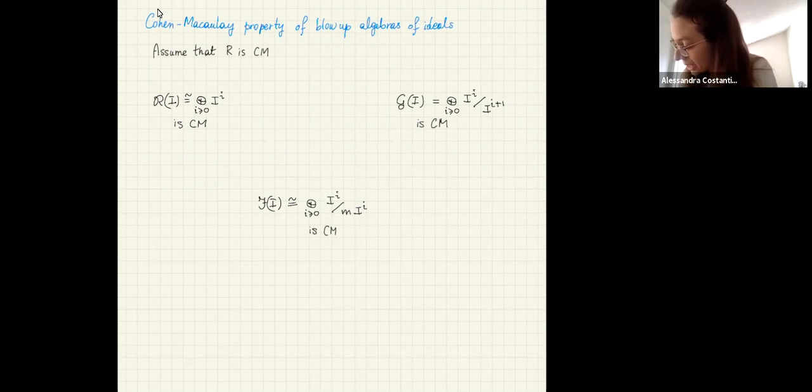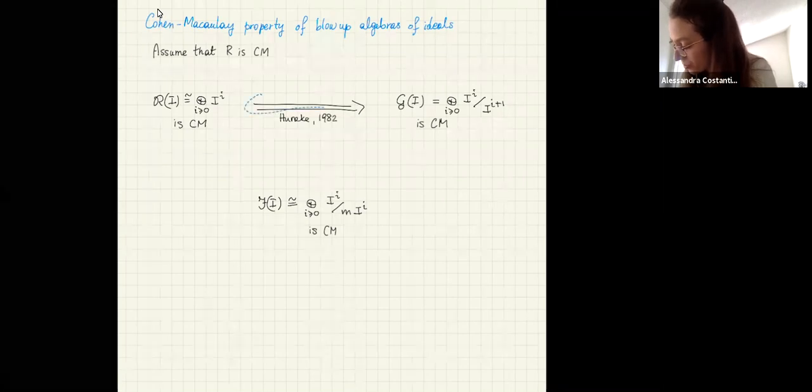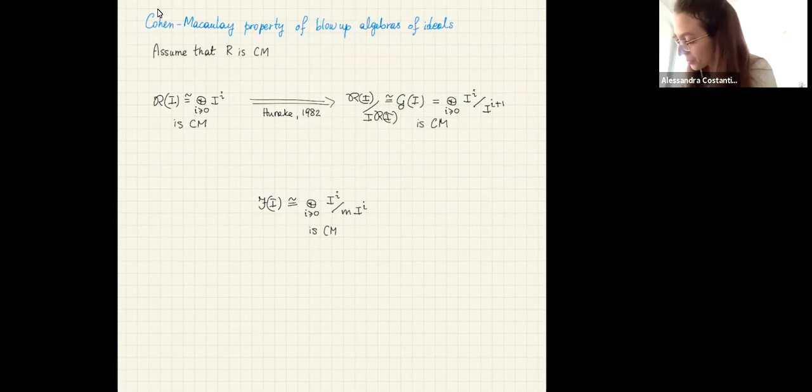In 1982, Huneke showed this direction. And actually, sorry, I'm going to zoom this out a bit, because I want to emphasize one thing, that really here we're seeing the associated graded ring as a factor ring of the Rees algebra. That's really the key part of this proof.